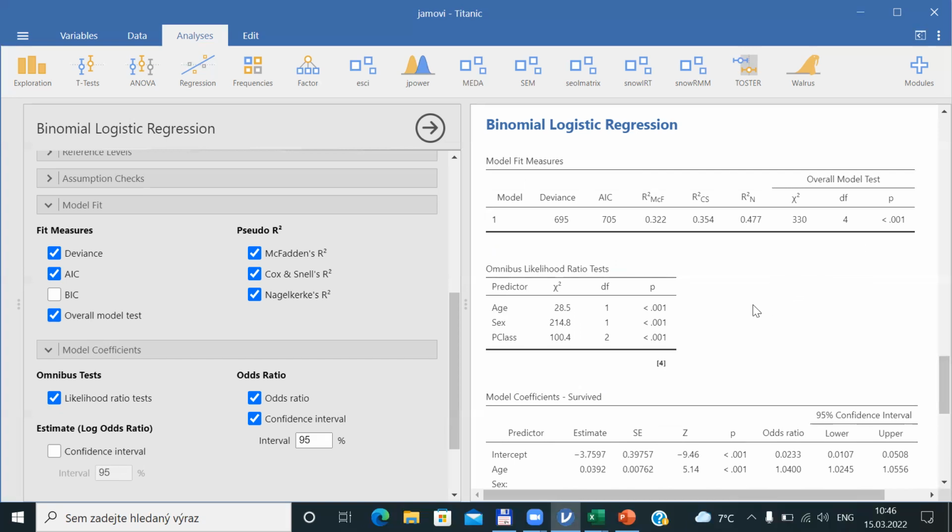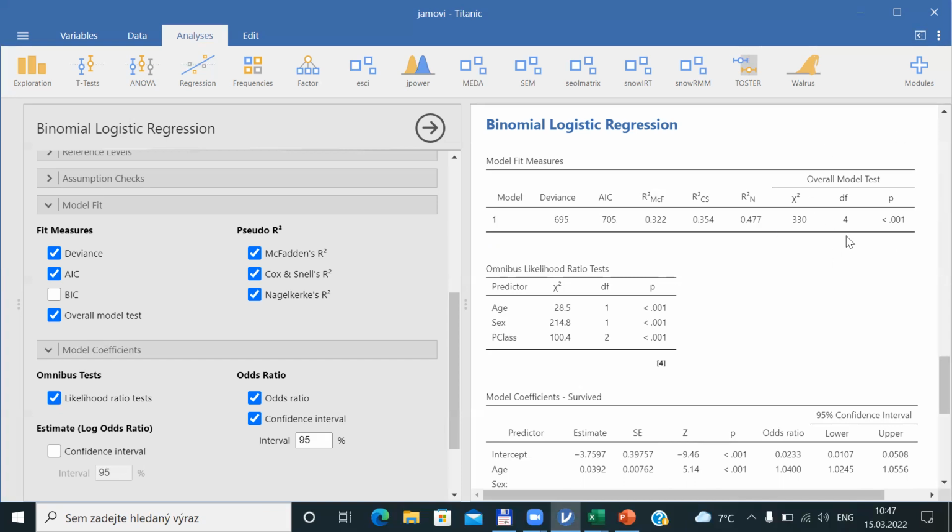If you sum up chi-squares from this table and also degrees of freedom from this table, it should be the same. So if you sum up 28.5, 214.8, and 100.4, you should get 330. Let's check it. And degrees of freedom 1, 1, and 2 is equal to 4.